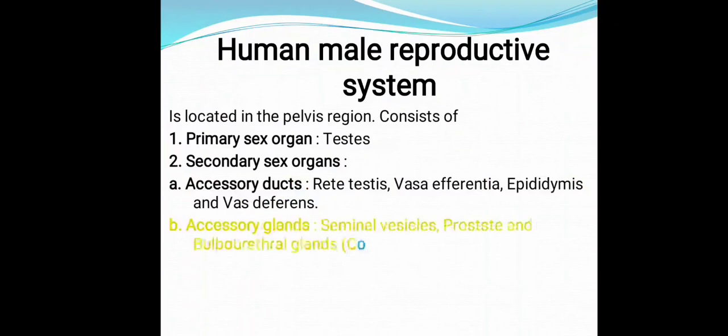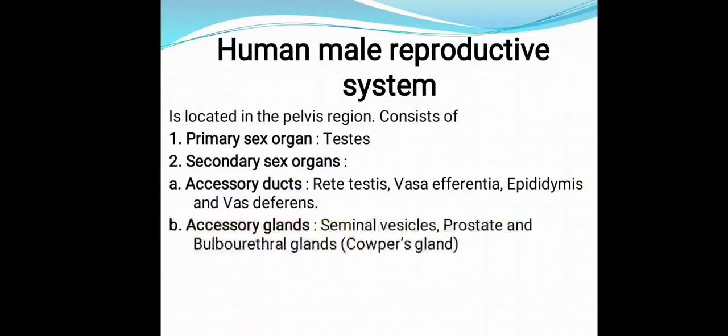Accessory ducts include rete testis, vasa efferentia, epididymis and vas deferens. Accessory glands include seminal vesicles, prostate and bulbourethral glands, also called Cowper's glands. And third, the external genitalia, which consists of the penis.